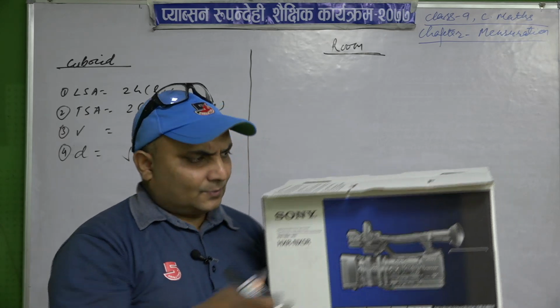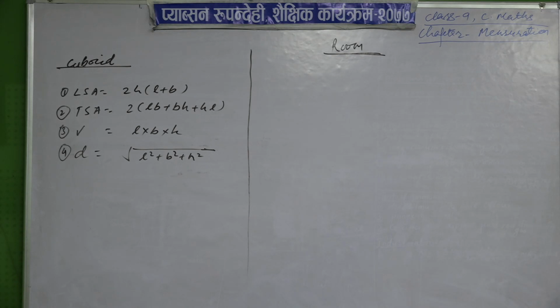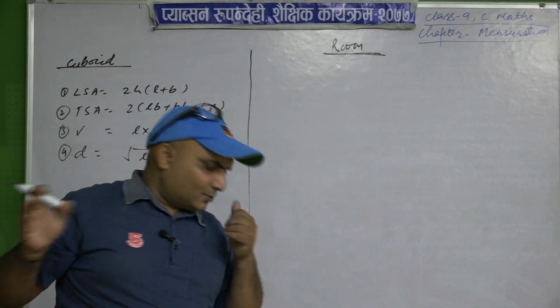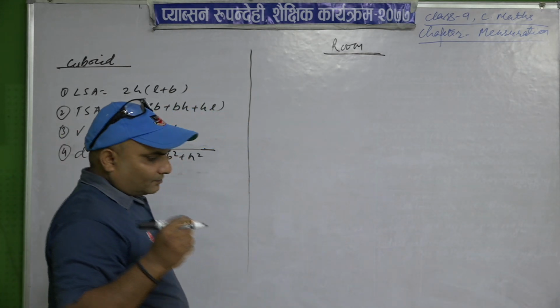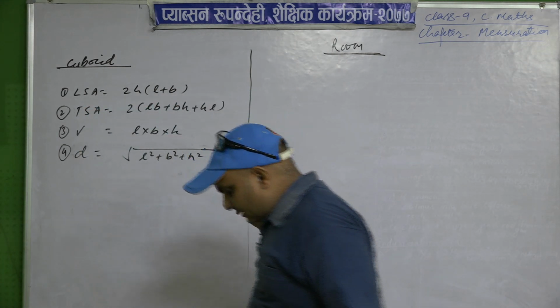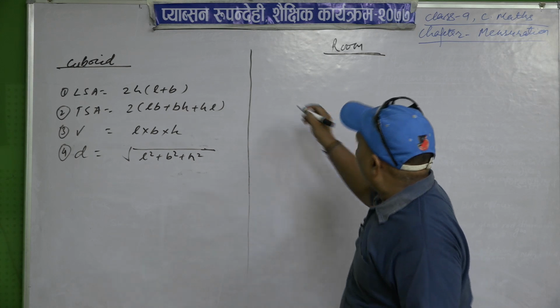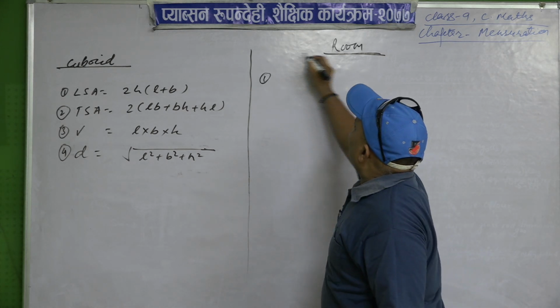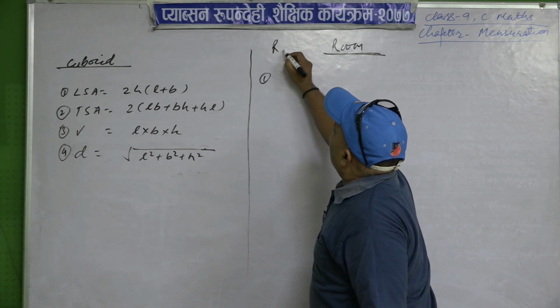So when we consider this room as a rectangular prism or cuboid, what will be the area of four walls in a cuboidal room?